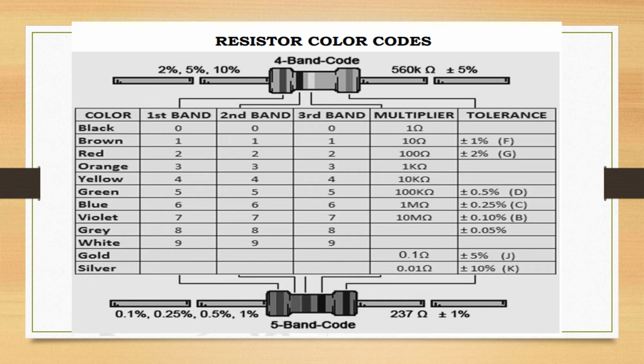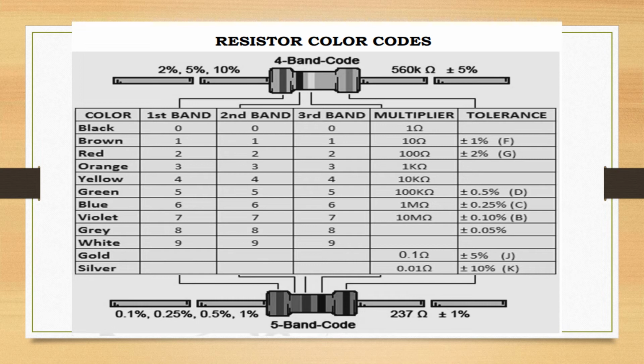And for gray, first to third band, it's 8. There's no multiplier for gray and white. The tolerance for gray is plus or minus 0.05%.